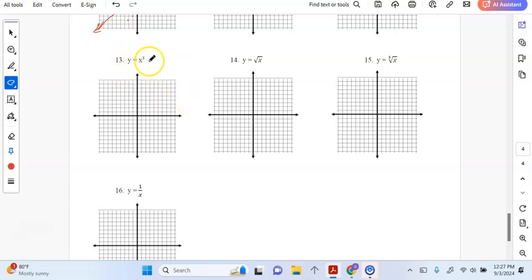Let's get the parent graph of x to the third. Just use the inputs 0, 1, and -1. So if I input 0, what comes out? What's 0 cubed? All right, so it goes to the origin. What if I input 1? 1 cubed? What if I input -1? All right, so you kind of get the idea.